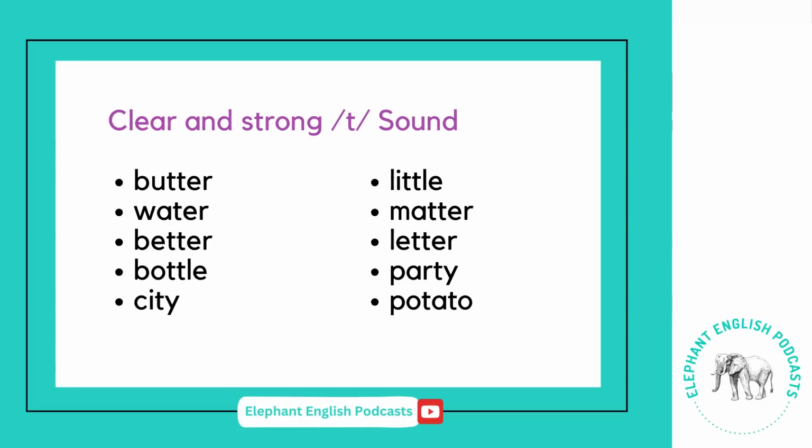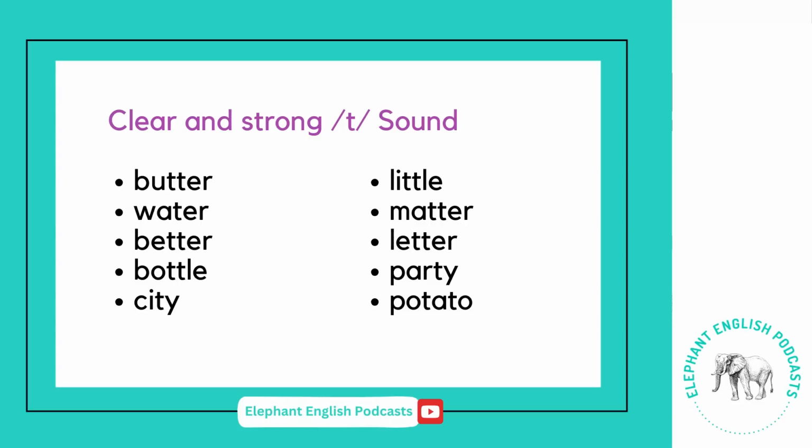Another important difference between American English and British English is that British English has got a clear and strong T sound. Butter, water, better, bottle, city, little, matter, letter, party, potato.